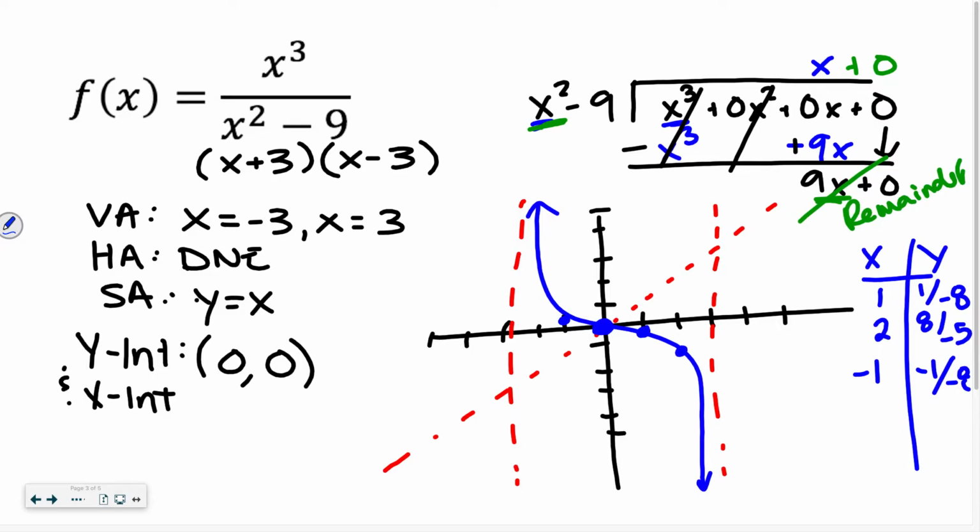All right, and then finally to finish this one up, I really need some other x's and y's because I've never plotted a point left of the vertical asymptote or right of the vertical asymptote. So I'll choose negative 4 and just see where is my point. If I put negative 4 in, I get negative 64 over positive 16 minus 9, which is divide by 7.